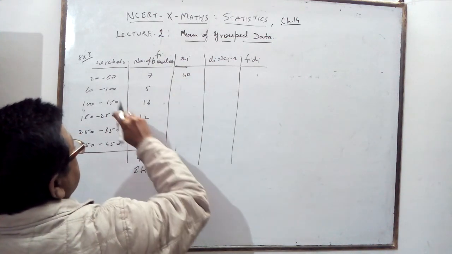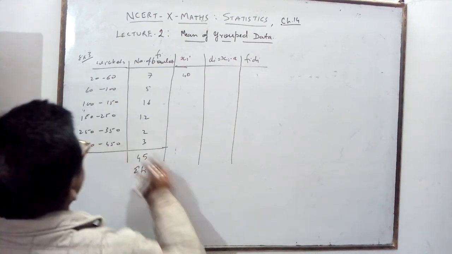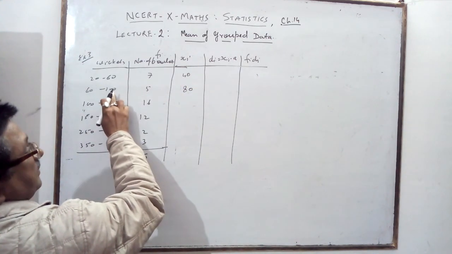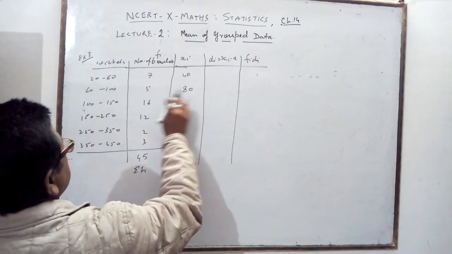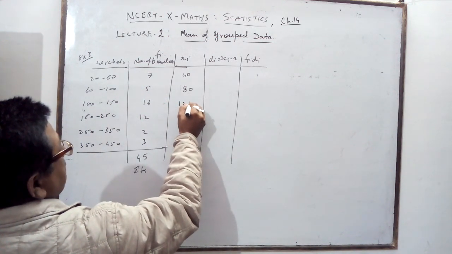What will you get here? 40. Then 160, 80. Lower limit plus upper limit by 2: 160 by 2. 250 by 2, 125.